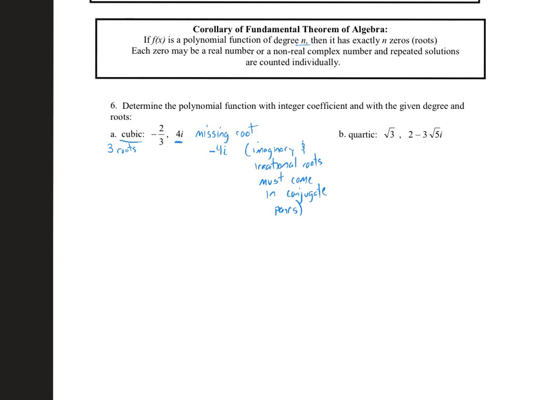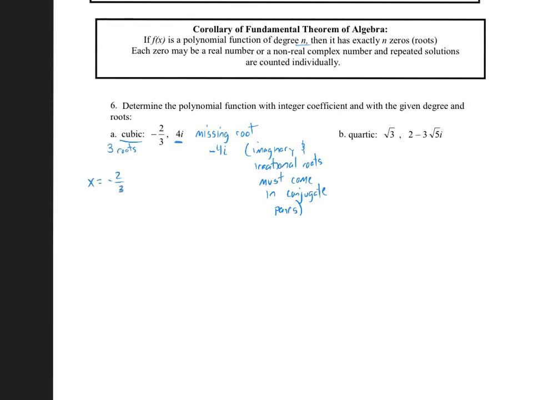And that's really per the quadratic formula, or even in this case, if you were solving by the square root method, if you were missing a linear term in that quadratic, you would need the plus or minus once you square rooted that x squared. So I know that 4i is a root, the negative 4i is a root. So we would set x equal to each one of these roots.